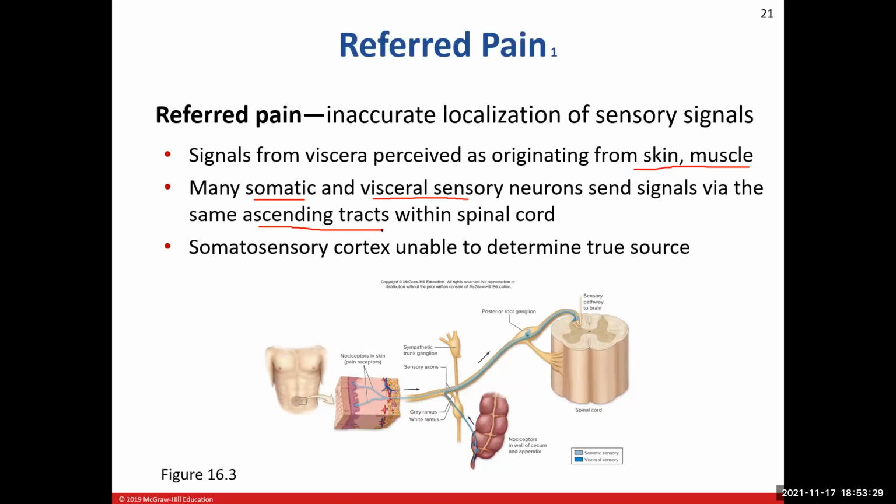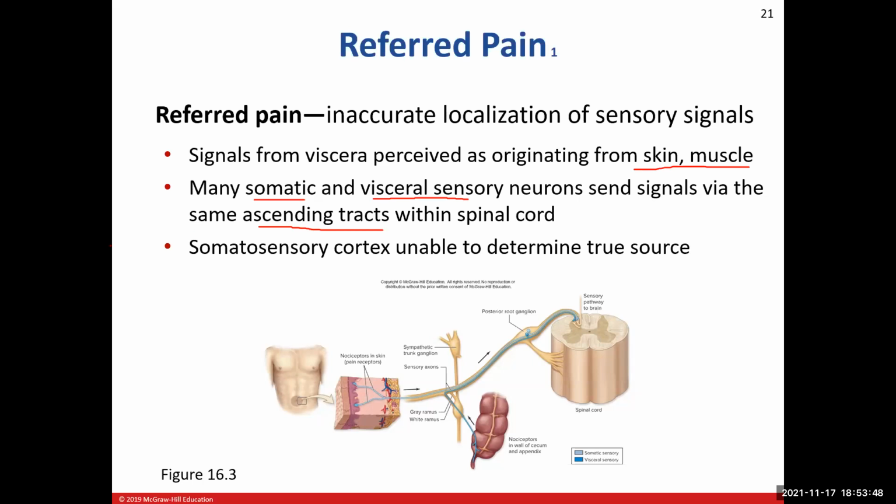And then when it arrives in the parietal lobe, the somatosensory cortex, the somatosensory cortex can't tell if that sensory input is coming from the organ or from the actual skin or muscle.